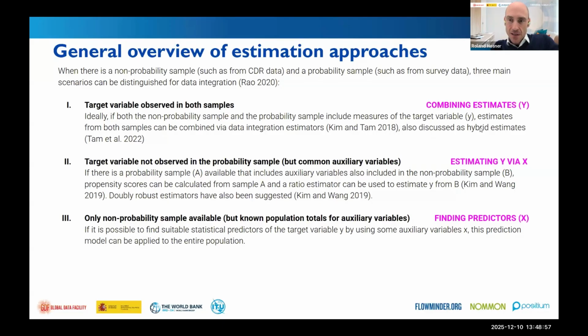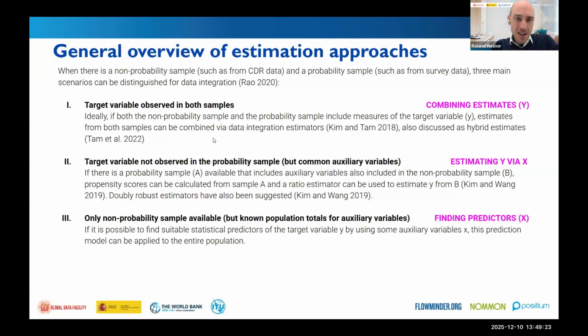So summarizing it in simple terms, you could work through combined estimates for Y for your target variables. You could estimate Y via X, a predictor, or you could find predictors X for where you have population totals available that you can then use in your model.